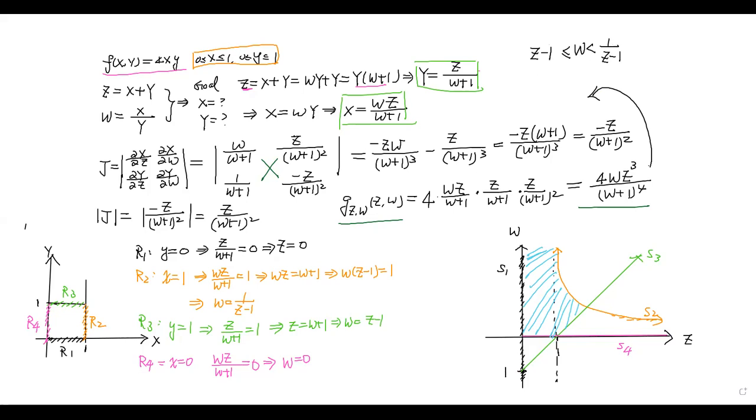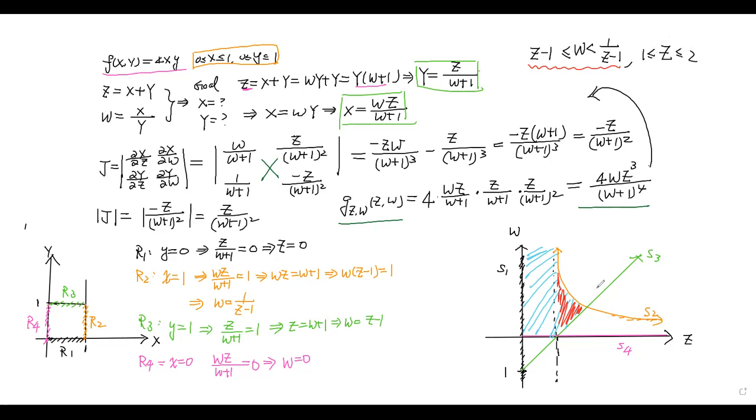So this area is from S3, right? So that's what I'm trying to cover. And you still have the other one to be covered. So then after that, you need to say z is from where to where. z is from 1 to 2.